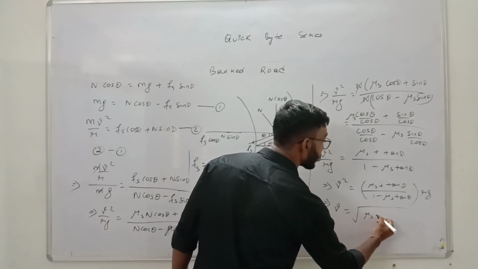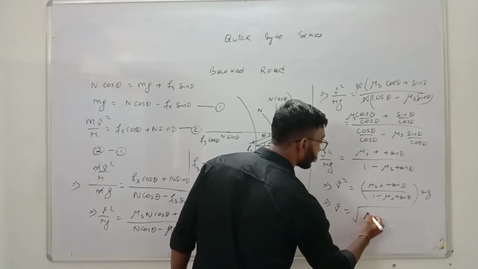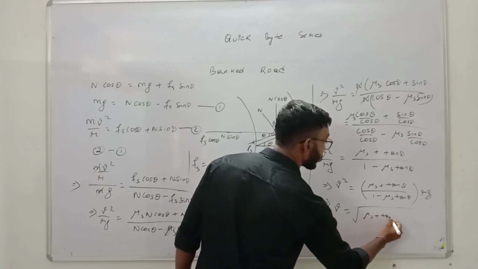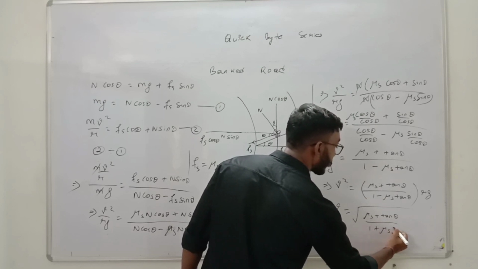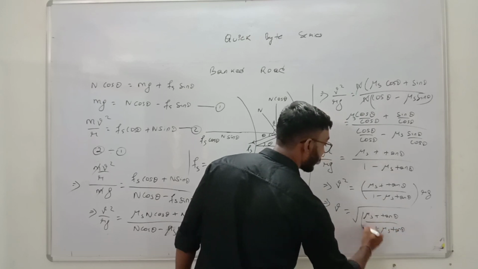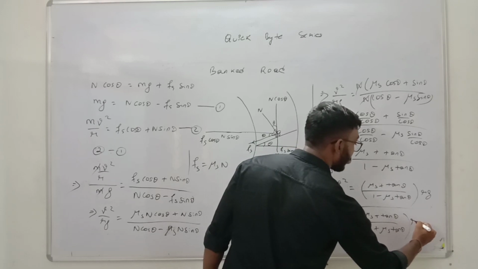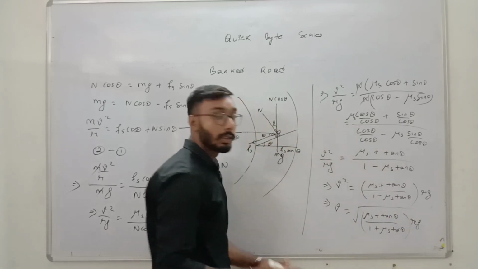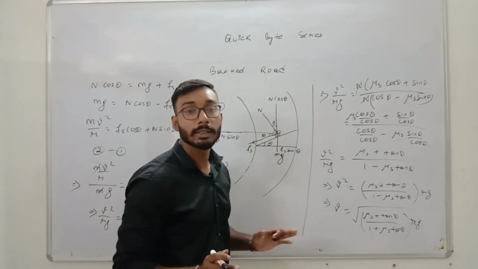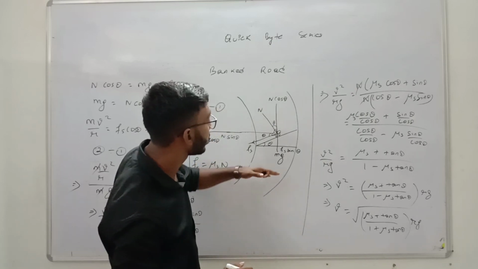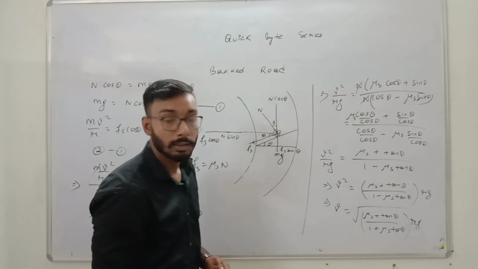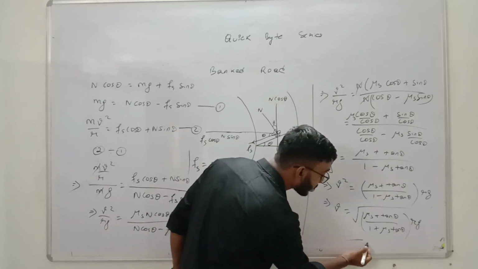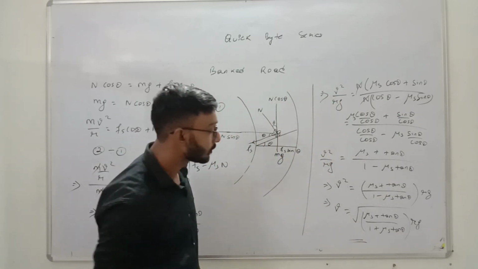So v equals the square root of Rg times (mu s plus tan theta) over (1 minus mu s tan theta). This is the maximum velocity with which the car can follow this circular path without skidding out of the road. So this is the maximum speed of the car that is possible.